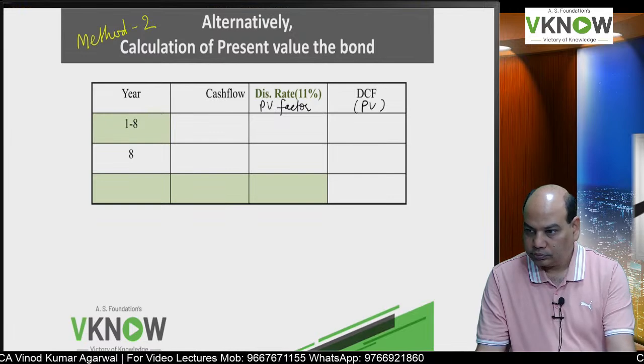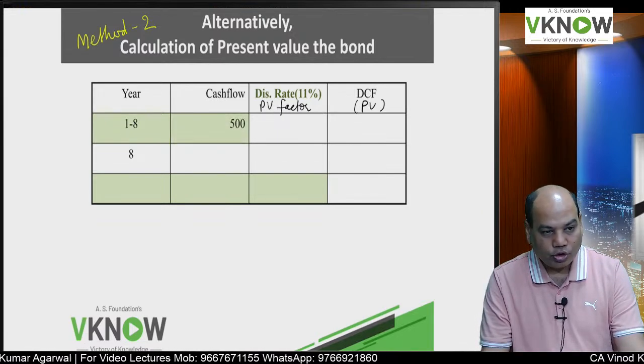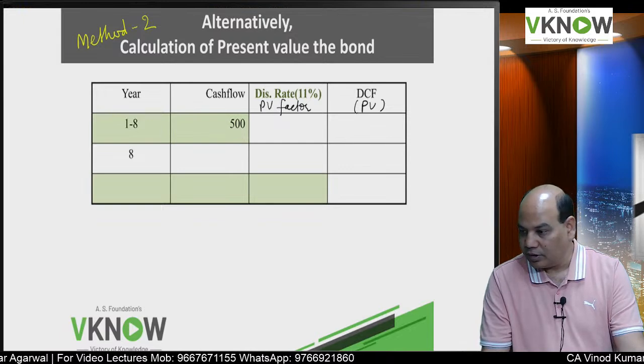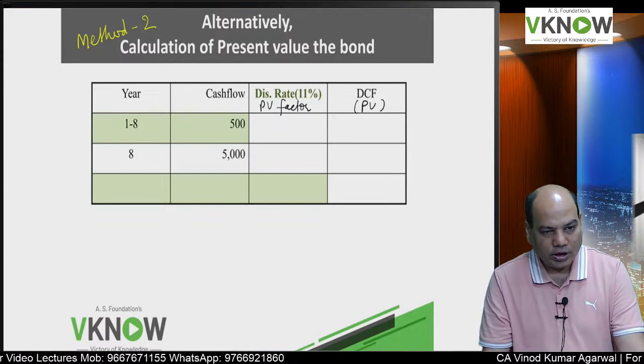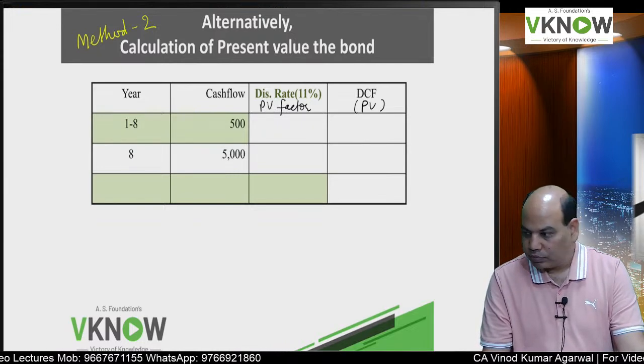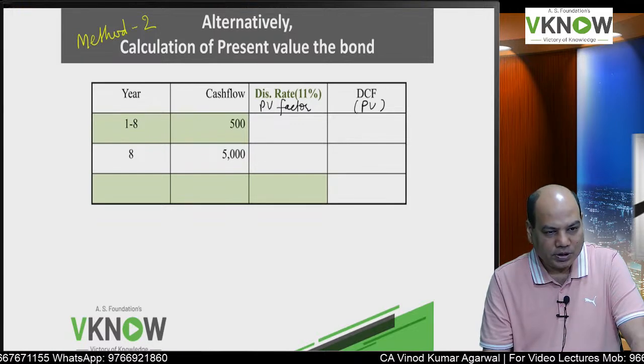First 8 years you will get 500 rupees cash flow, then 8th year 5000 cash flow. Take your calculator and calculate annuity factor for 8 years at 11%.